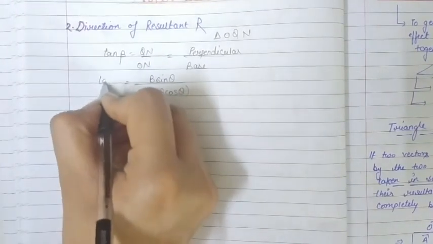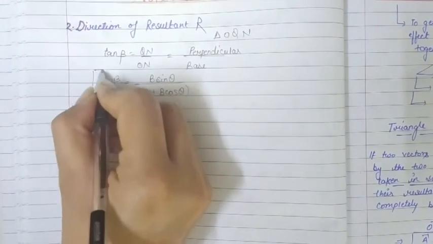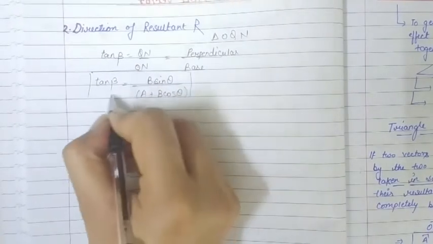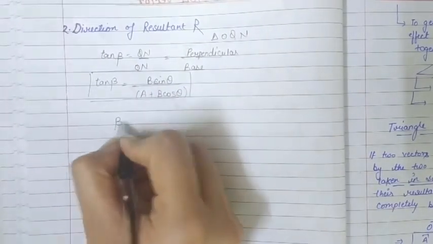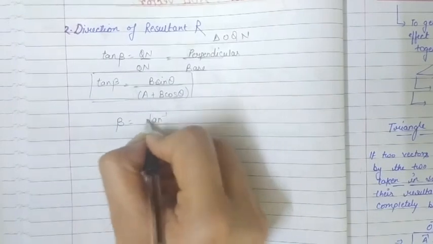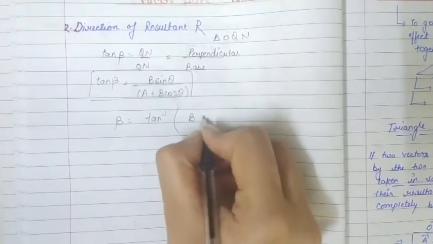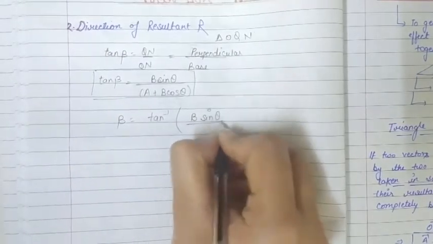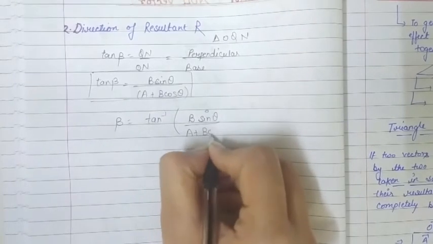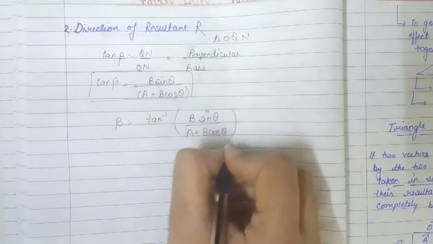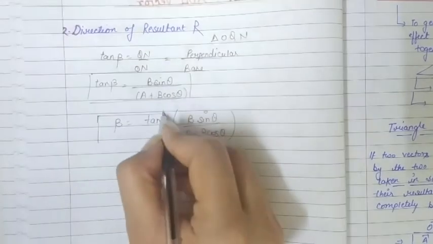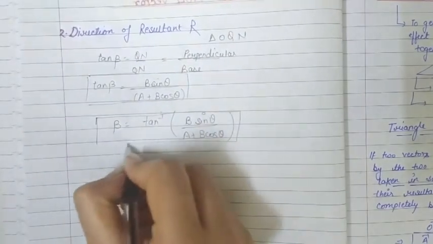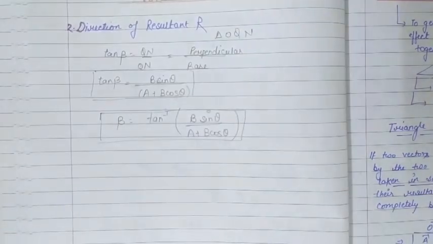So this is the value for tan beta. We can write it like this, or we can also write it in the form of inverse, that means beta is tan inverse of B sine theta upon A plus B cos theta, where beta gives the direction of the resultant. So this is the triangular law of vector addition.